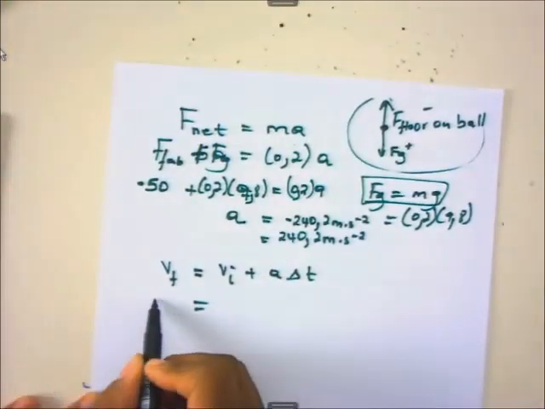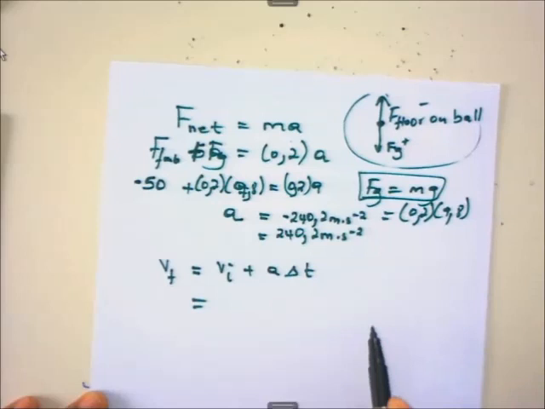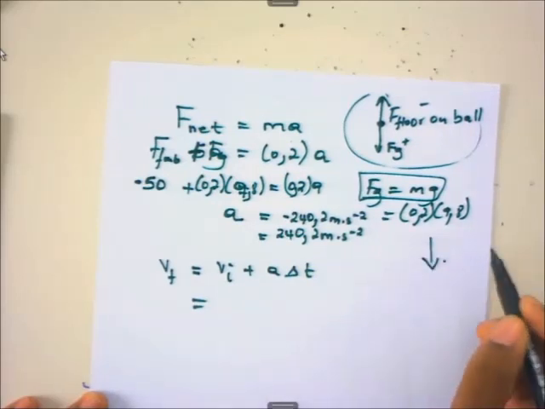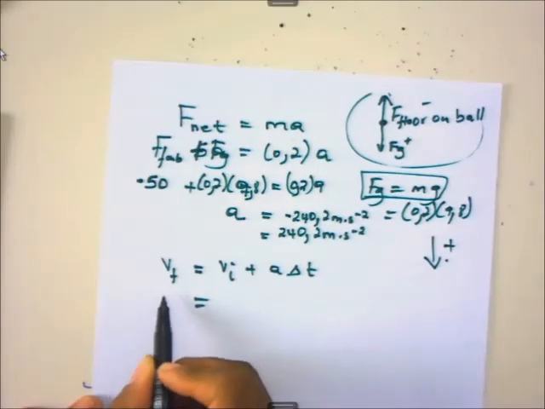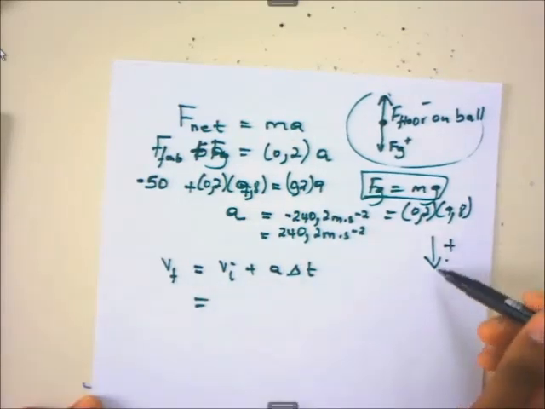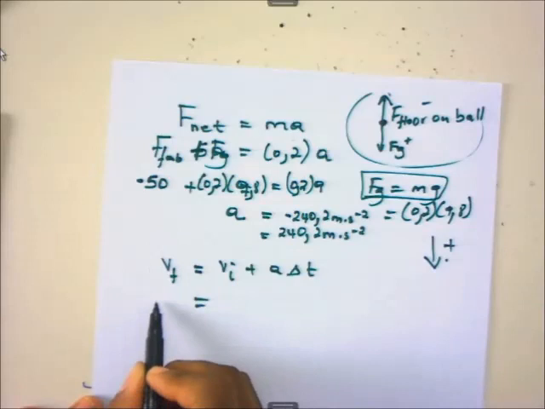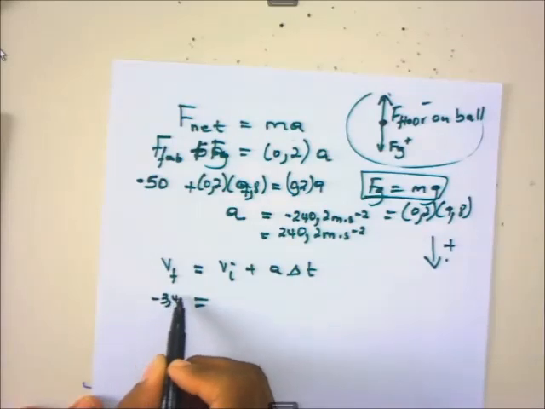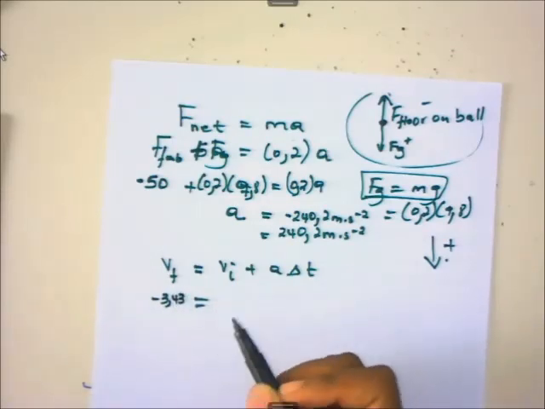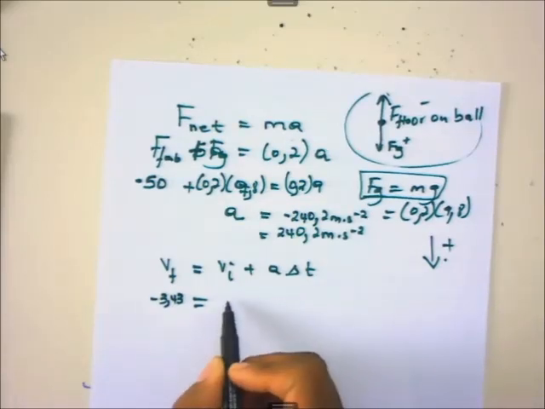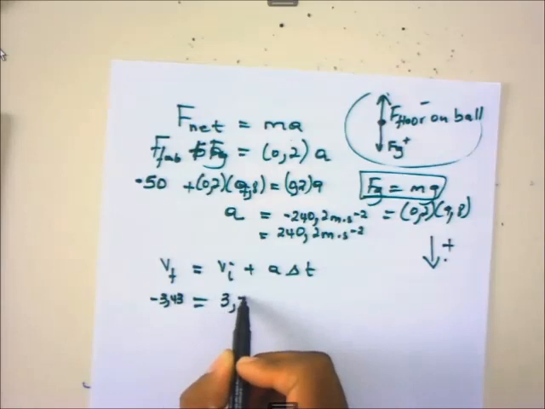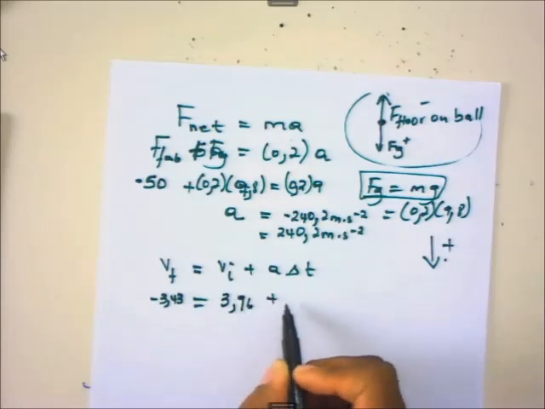So we will take positive as downward first, and then we will do it as negative downward again. Now, if positive is downward, our final velocity will be minus 3,43. Remember, I said to you, when you substitute, do not include the unit, and the initial velocity is 3,96 plus.